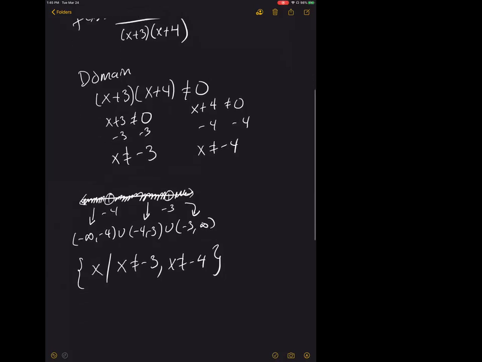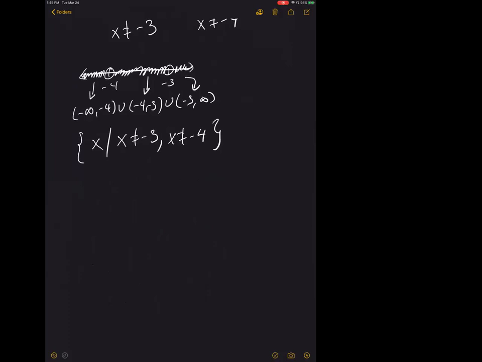Now, another example of finding the domain. Let's say I have, I gotta make this up, f of x equals 2x over x cubed plus 8x squared plus 15x.